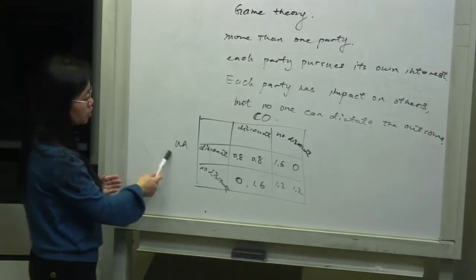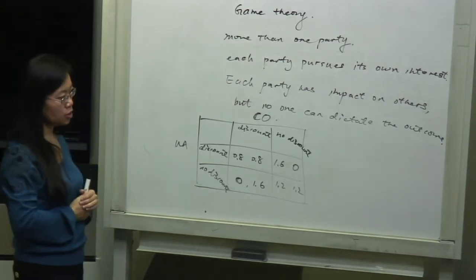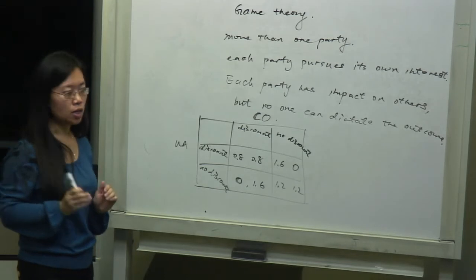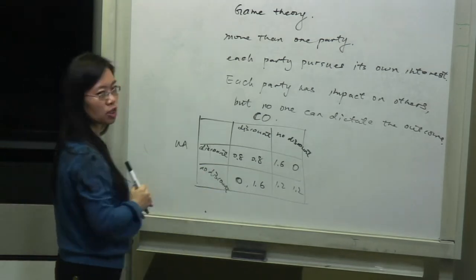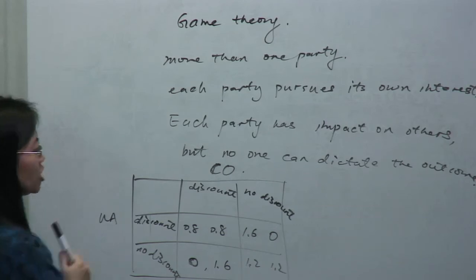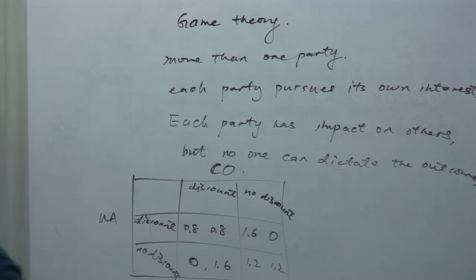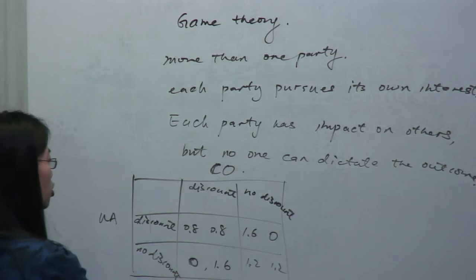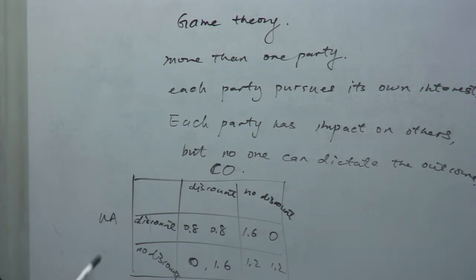If we are trying to figure out UA's strategy, we have to fix the other guy's strategy. Let's say Continental Airlines chooses to offer a discount. We fixed that, so we're just looking at this column here. Now what is the best thing for UA to do? Discount or no discount?